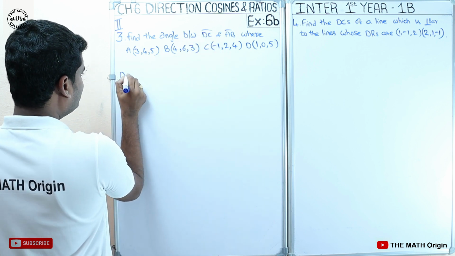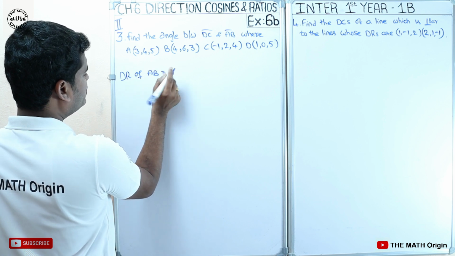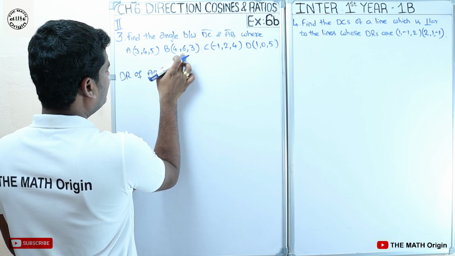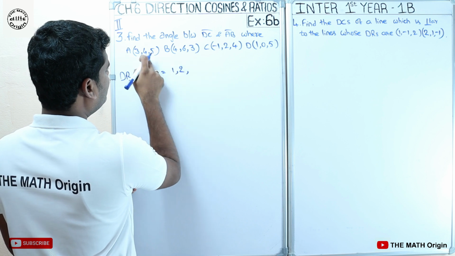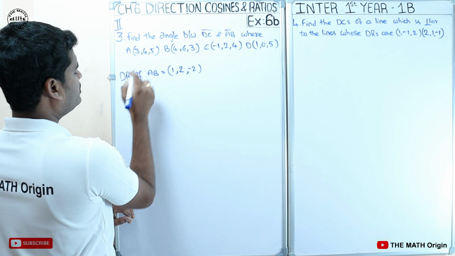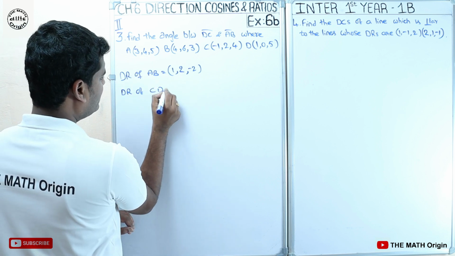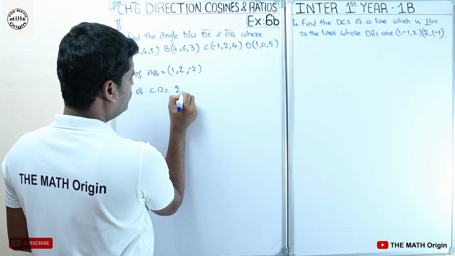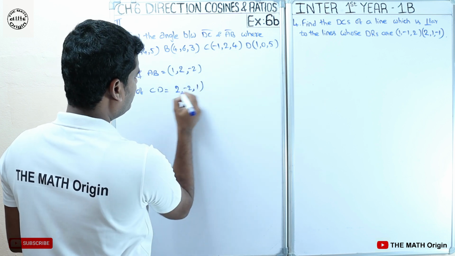Direction ratio of AB equals x2 minus x1, 4 minus 3 is 1, y2 minus y1, 6 minus 4 is 2, next 3 minus 5 is minus 2. Now we got the direction ratio of AB. Now the direction ratio of CD is 1 minus of minus 1, 2, 0 minus 2, next 5 minus 4 is 1.